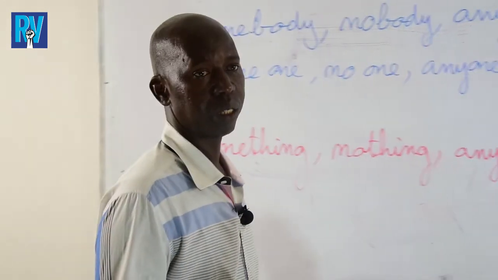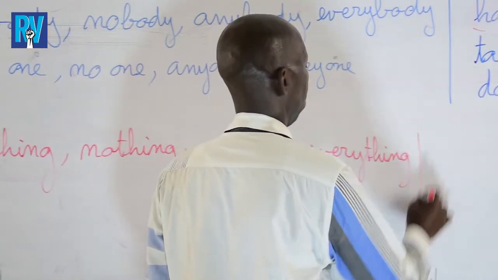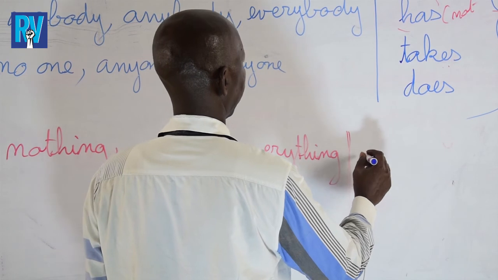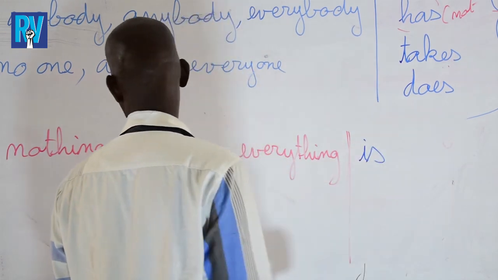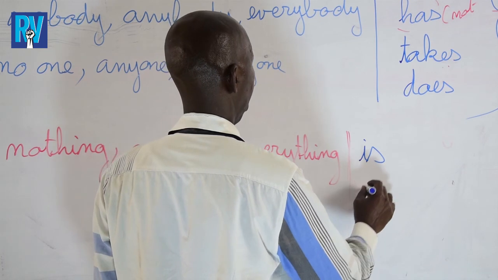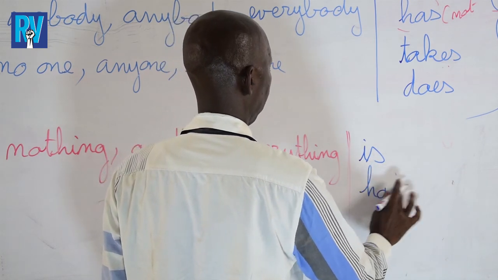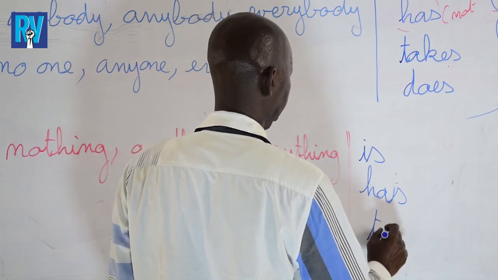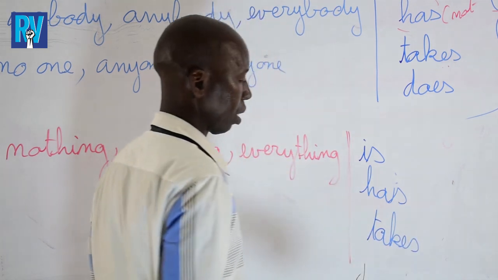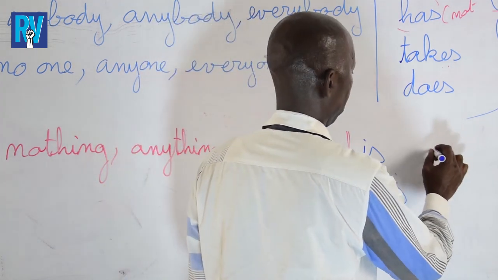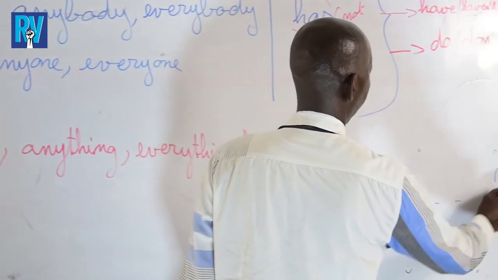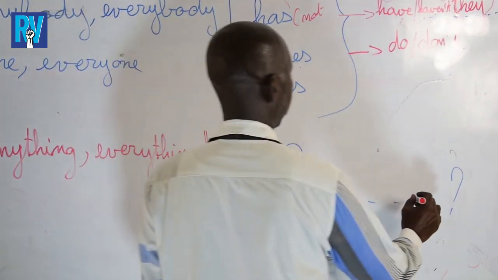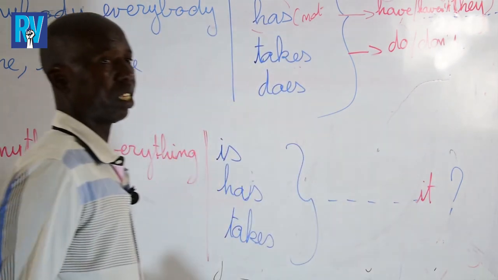Ils vont avec le verbe à la troisième personne du singulier. Something, nothing, anything, everything is. Something, nothing, anything, everything has. Let's take the verb take, the simple verb. Troisième personne. Pour nos verbes du tac, on les remplace par it, parce que ce sont des choses. We replace them with it.